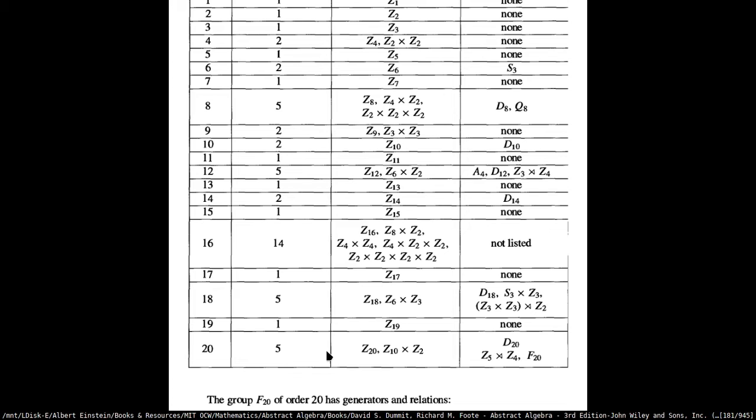It's the symmetries of, I think, a nonagon, something with 9 sides, a regular polygon. So that is generated by rotation by 2 pi over 9 and reflection across the x-axis.